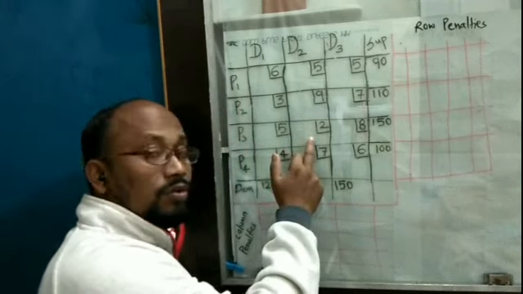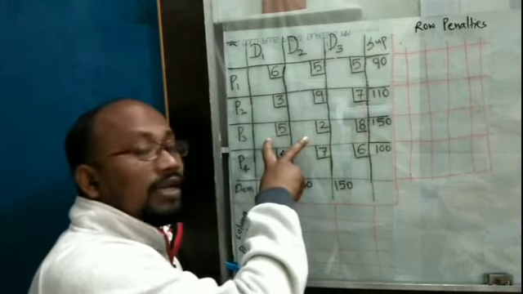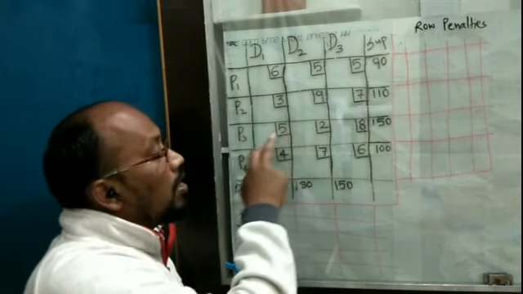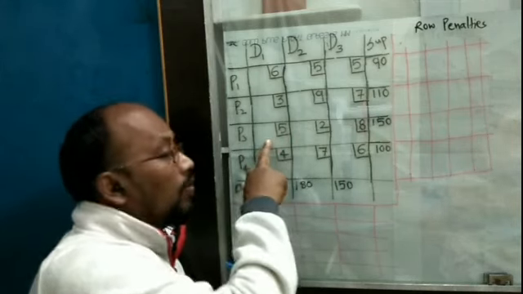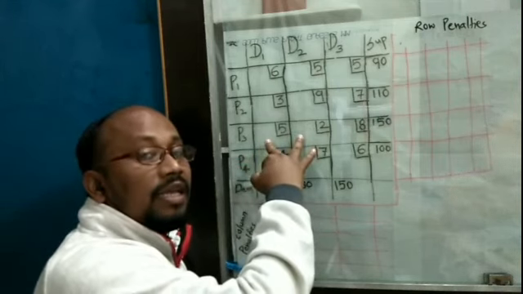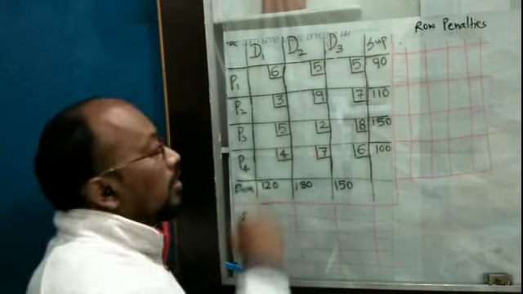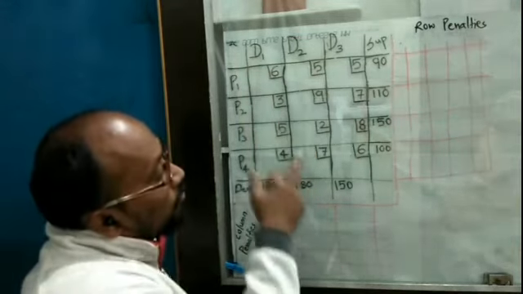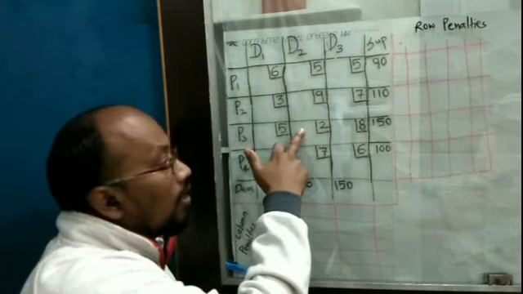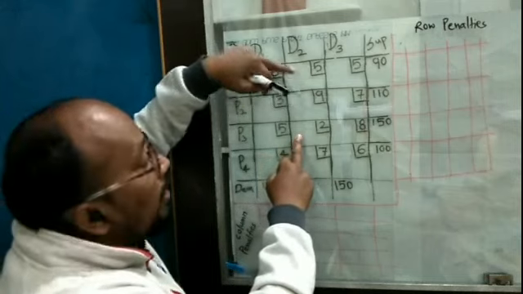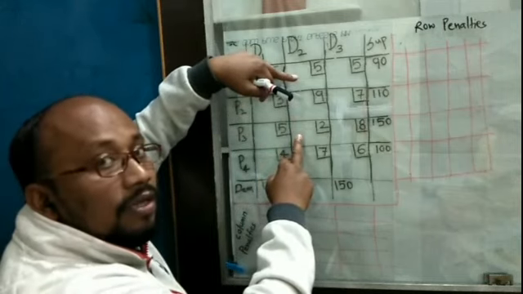Instead of this route, if you select the next highest cost, what is bigger than 2? It is 5. If you select this route instead of 2, you will pay 3 rupees more. Similarly, if you go by D2, the minimum is 2. Instead of 2, the next highest is 5, so we will pay an extra 3 rupees.